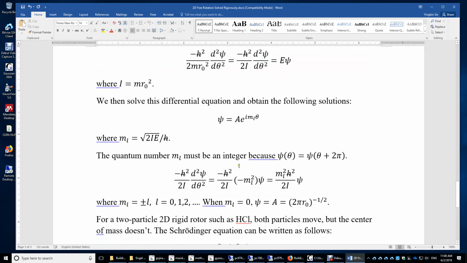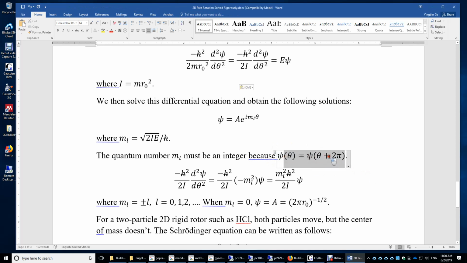All right, the boundary condition. In this free rotation problem, because of the periodicity, we have psi of theta equals psi of theta plus 2 pi. Again, theta and theta plus 2 pi give you the same position of the particle. Therefore, we have this equation because the wave function must be single valued.